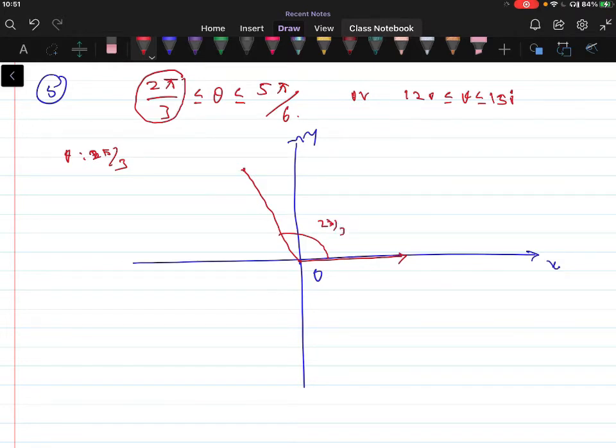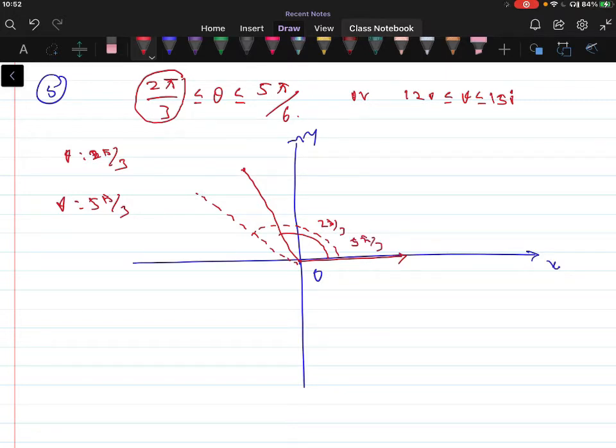So this line lies in the second quadrant, and theta is equal to 5 pi by 3 lies in the fourth quadrant. So again it is a line that makes an angle 5 pi by 3.